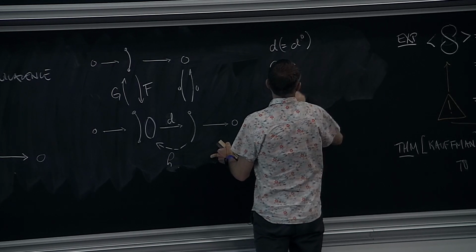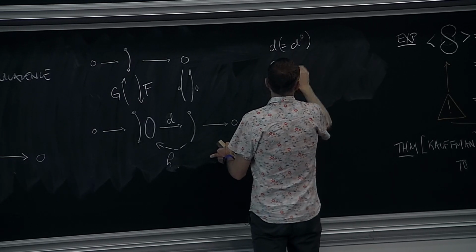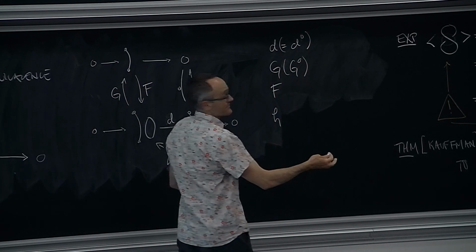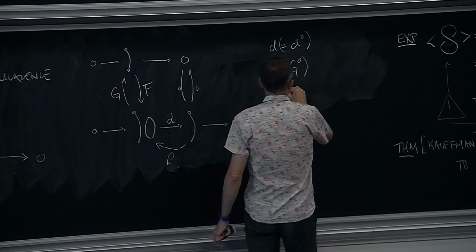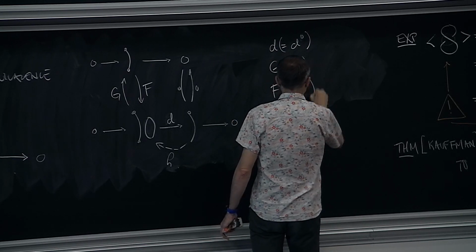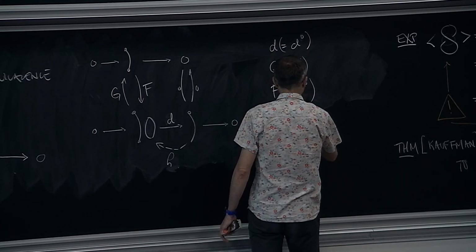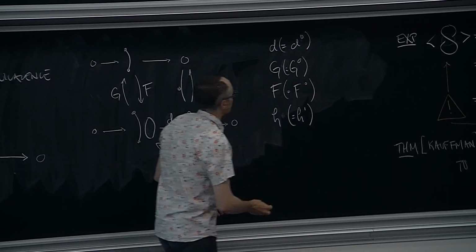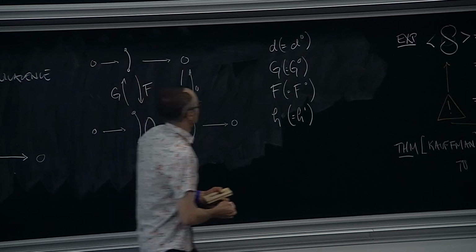Sorry, D0. G is actually G0, all the other G_i vanish. F is actually F0. And H is actually H upper 1, if you're indexing things correctly.